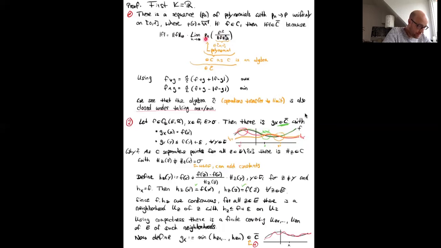What is this? This is our function f, which is in C. Multiplication remains in C because it's an algebra, so this is in C. Multiplying with something in here that's a constant remains in C, so all this is in C. Polynomials are just sums and multiplications, so all this is in C.